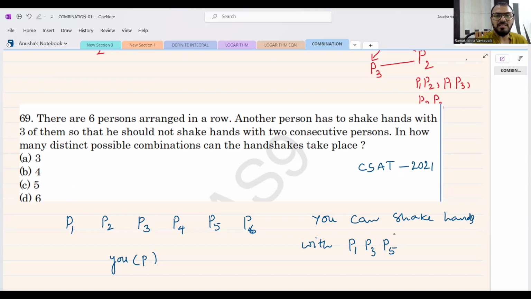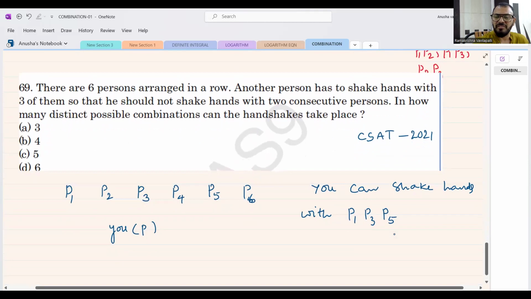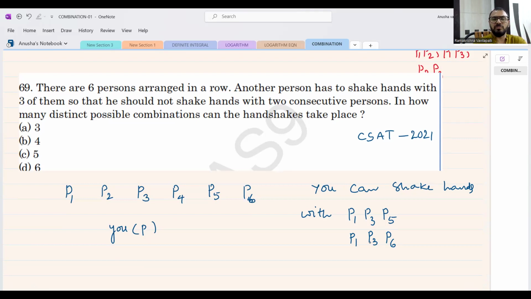Listing out possible cases when a number is very small is very simple. Of course, there is a direct formula, but we do not require it now. With P1, P3, you can choose a last person P6. These are the possible cases beginning with P1. See, no 2 of them are consecutive. You are not shaking hands with 2 consecutive persons.